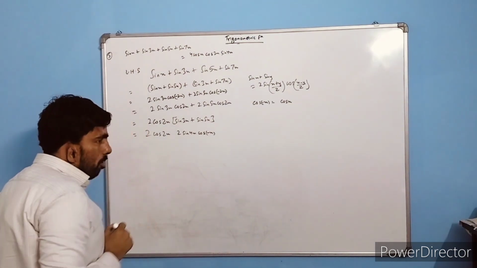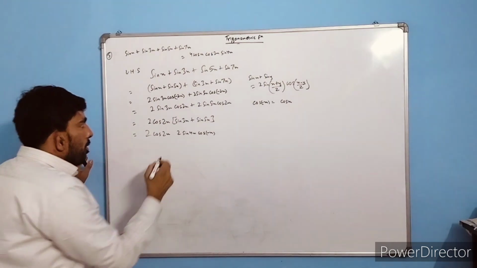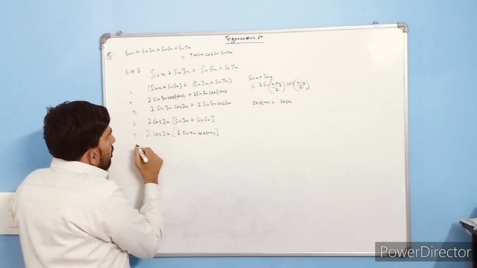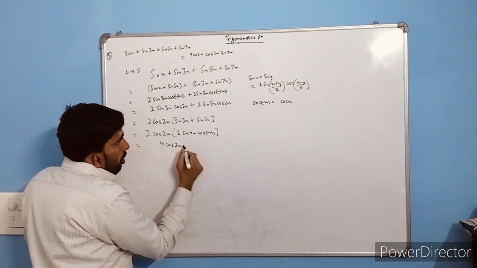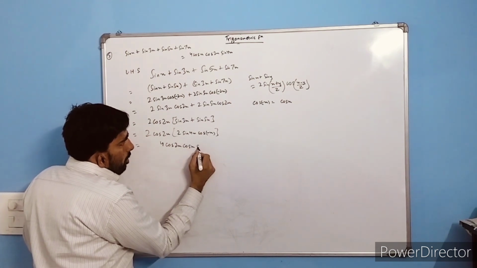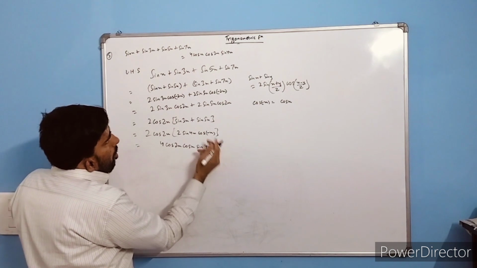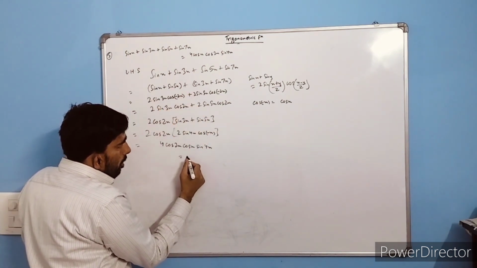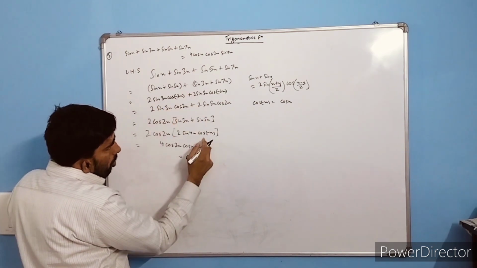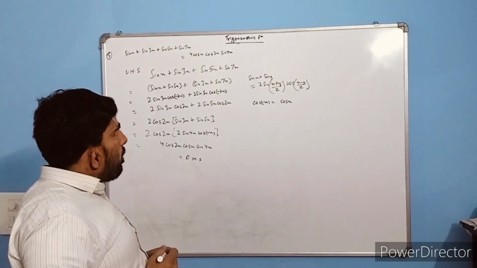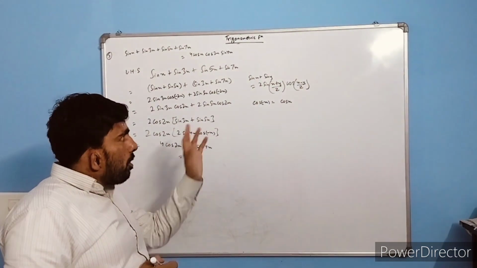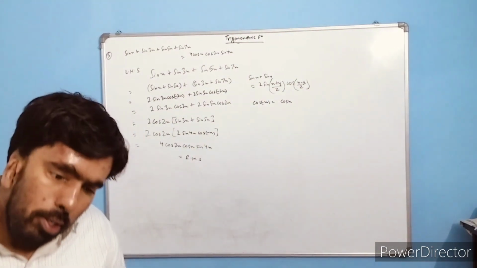Okay. 2 by 2 for this. So now I can say 2 into 2, 4 cos 2x cos x sin 4x, which is required in the RHS. We already know cos minus x will be cos x. So likewise we solve numericals by using the identities and the formulas.